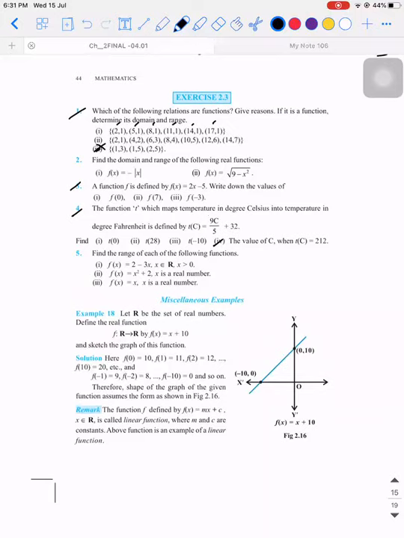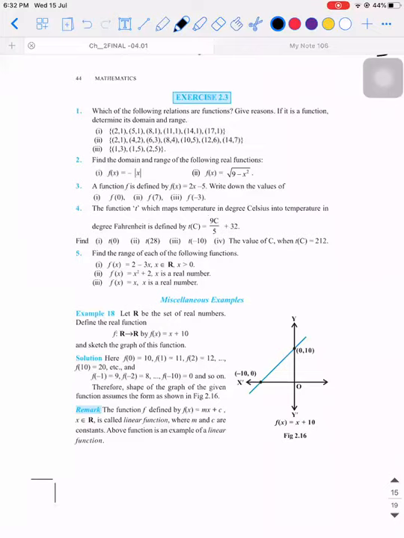The set of all input values, for which all the output values are finite. I'm repeating it again: domain means the set of all input values for which the output values are finite.